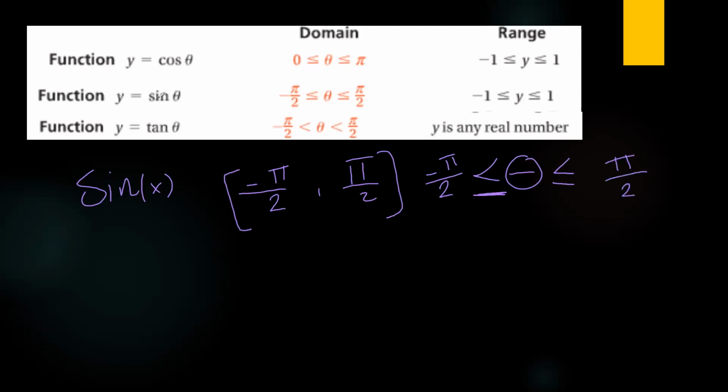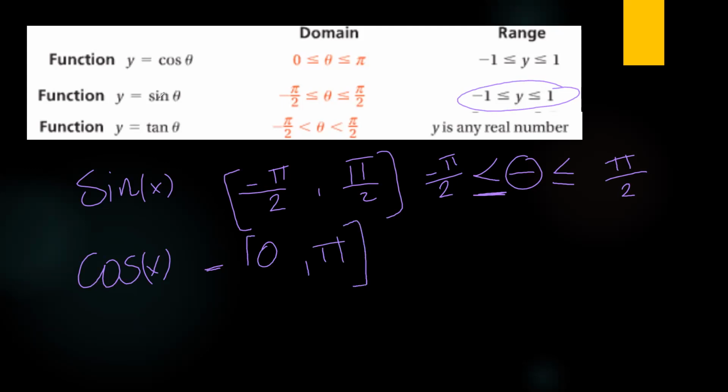And the range here is from negative 1 to 1. Now for the cosine of x, it is from 0 to pi, and they are closed because there's a cosine for 0 and there's a cosine for pi. In other words, you can write it as theta is greater than or equal to 0, less than or equal to pi. And their range is from negative 1 to 1.